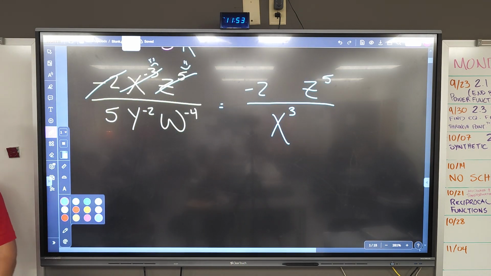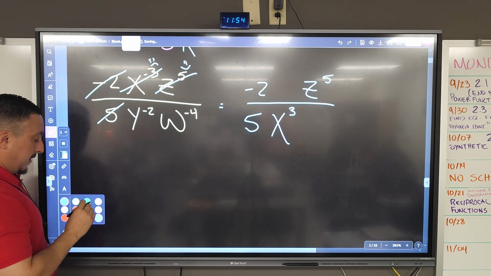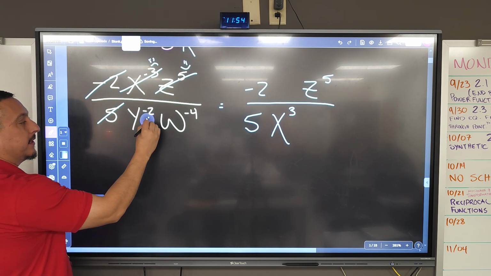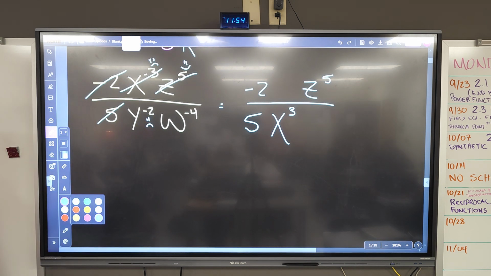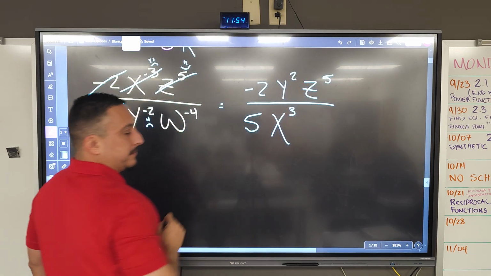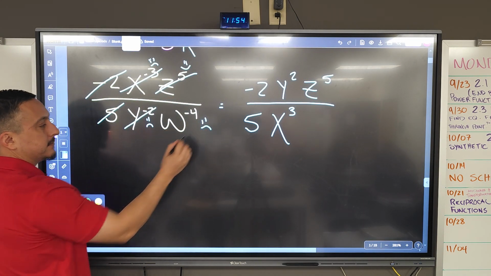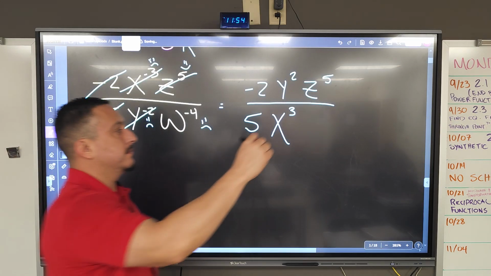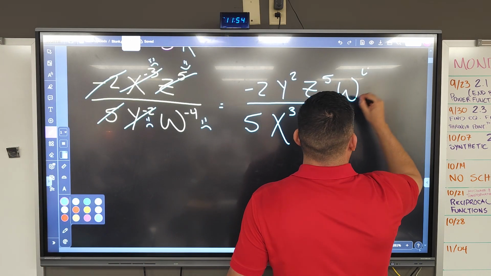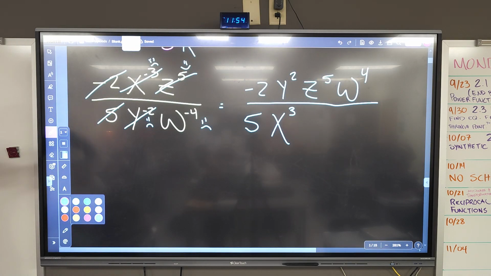If it's happy, you don't move it. The 5 is happy. The y is unhappy at the bottom, so it wants to go to the top. Now it's happy. The w is unhappy, so it goes to the top and becomes happy. So now everybody's happy. That's the point. You want to make everybody happy. Understand? Easy, right?